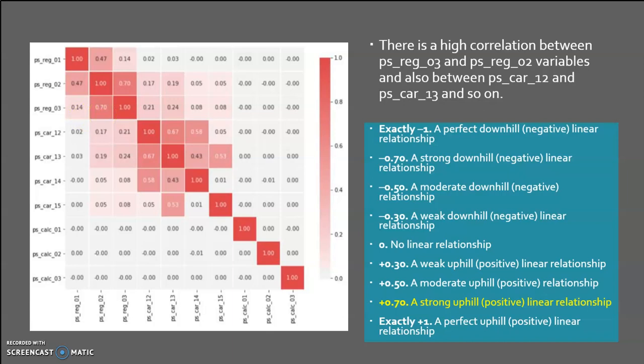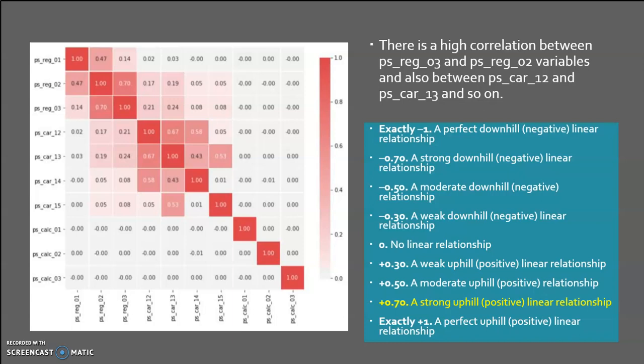And there's also a high correlation between PS_car12, this one, and PS_car13. So let's traverse down here, PS_car13. Here it is, 0.67. Okay, so 1 indicates exactly the exact same one.